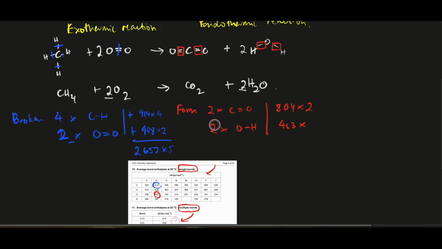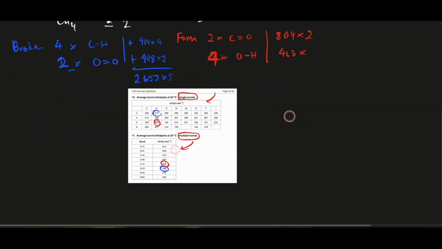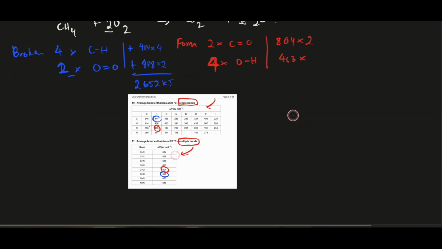We need 4 of them, because there are 2 in 1 and we've got 2 of them. So 463 times 4. We add that up: 804 times 2 plus 463 times 4 is 3,460 kilojoules. This is how much energy goes out.